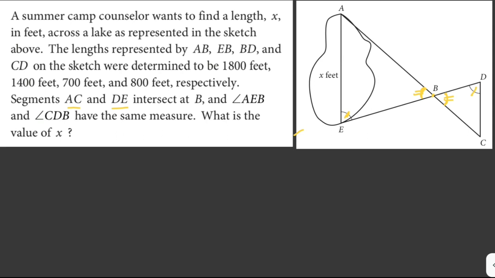So since the triangles are similar, the corresponding sides are in the same proportion. So we can just say side CD, this side here, is proportional to side AE, which is just equal to x, as side BD is to side EB.